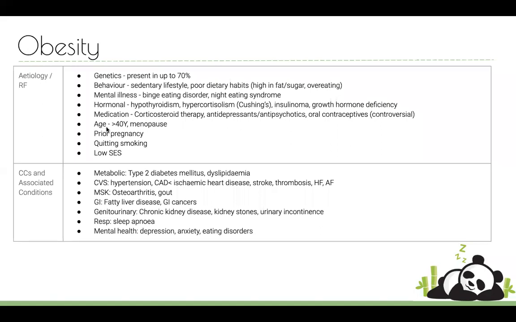Age, so when you're older, postmenopause, prior pregnancy, quitting smoking because smoking decreases your appetite, and low SES. It's associated with basically everything, and if you can look through these and be like, yeah, I know that, that would be good.